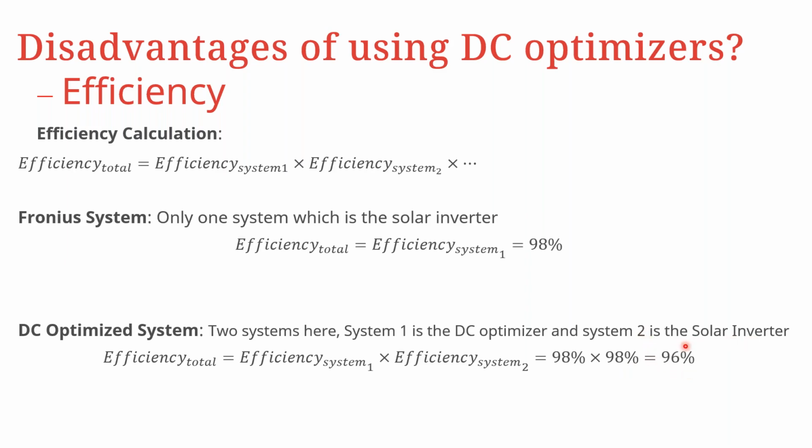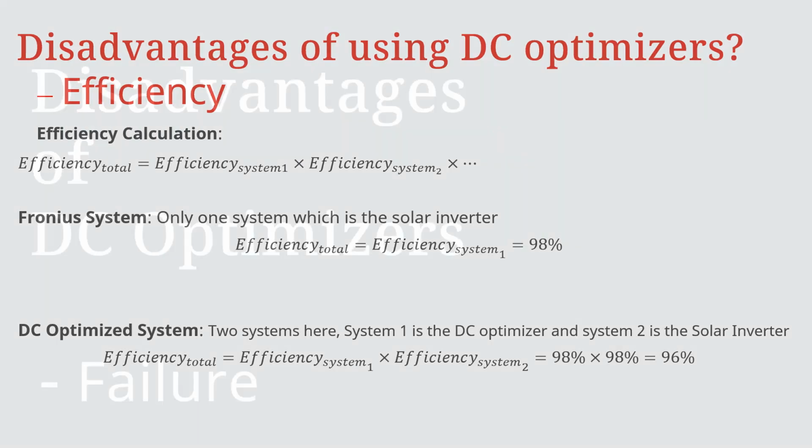So just by having two series-connected DC optimizers, you are already degrading the efficiency of the DC output or the power that is connected to the inverter. When it comes to the failure aspect, this is also another big problem.